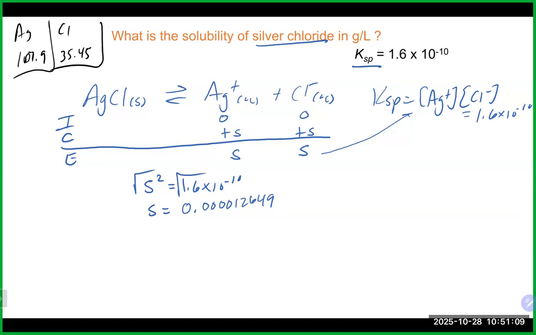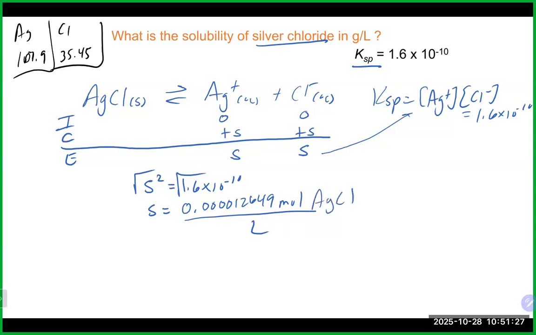This is the molar solubility, moles per liter. Not a lot of rounding at this point, but I'll just take the whole number since I have it. And this would be our molar solubility of silver chloride.